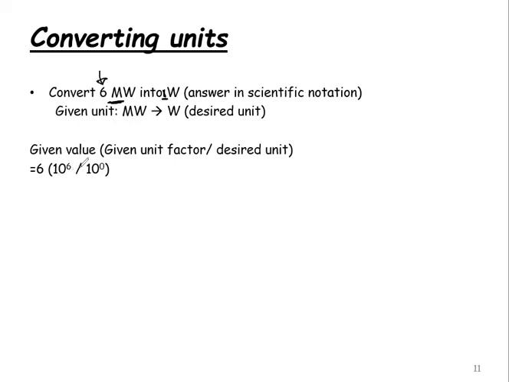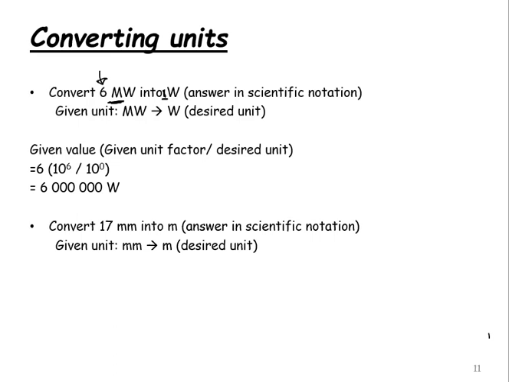Mega means 10 to the exponent of 6, so you multiply by 10 to the exponent of 6, and then you divide by 1, which is the same as 10 to the exponent of 0. You are going to get your answer as 6 million watts. Okay, that's how to do your conversion.